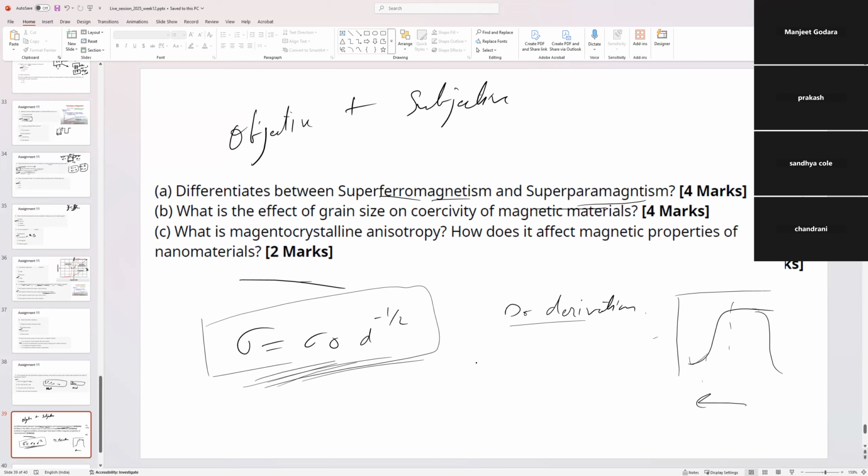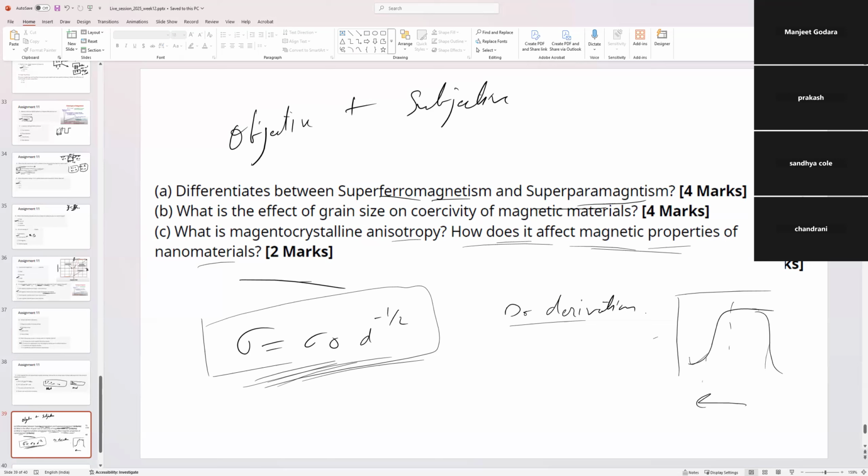So this is the diagram. Then, what is crystalline anisotropy and how does it affect the magnetic properties? So there will be some subjective questions. And there was: what are the properties of nanomaterials which provide the driving force for diffusion?